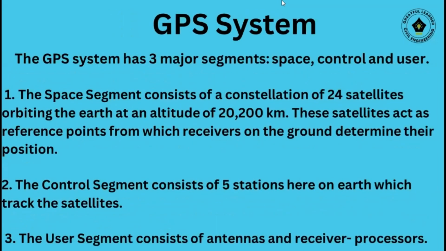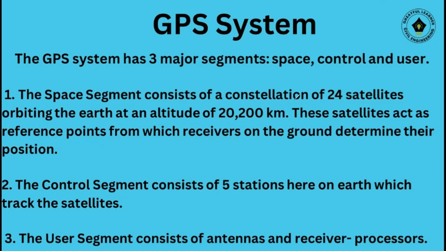Now, the GPS system. The space segment consists of a constellation of 24 satellites orbiting the Earth at an altitude of 20,200 kilometers.